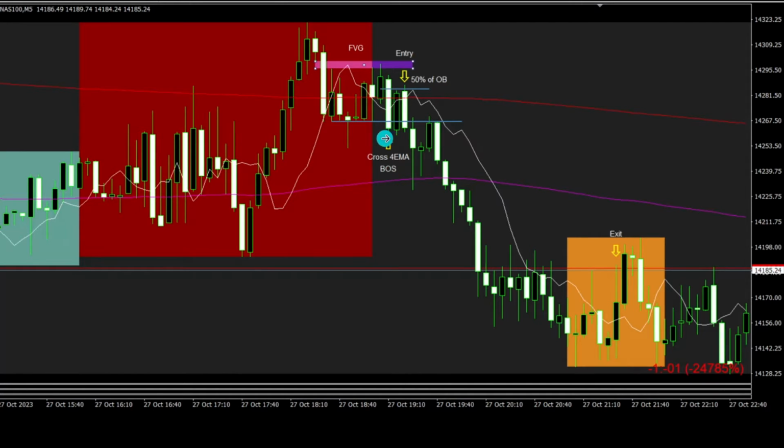Now you're looking for an entry, and you can use this order block at 50% of the order block. And you can also feel confident because price has closed below the 4 EMA with a shift of 4. Then price continues down and stays below the 4 EMA. Then it closes above. That will be your exit.